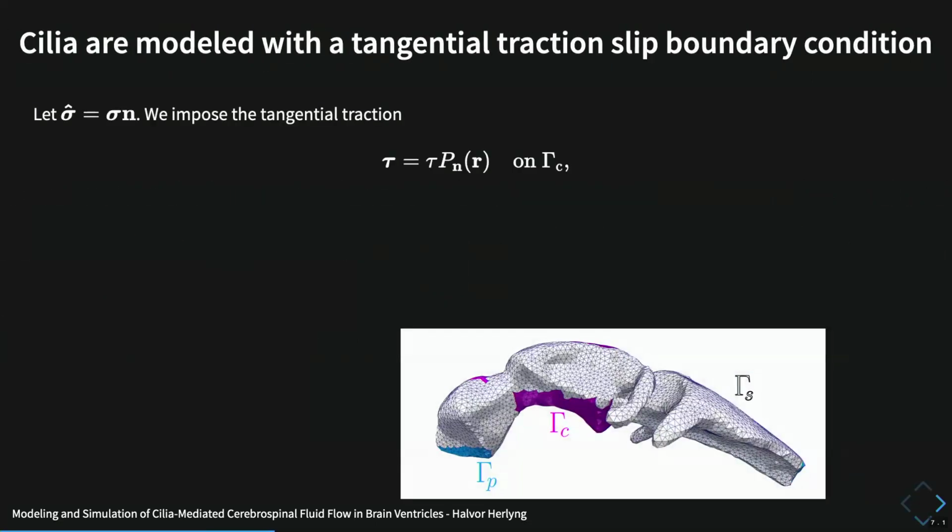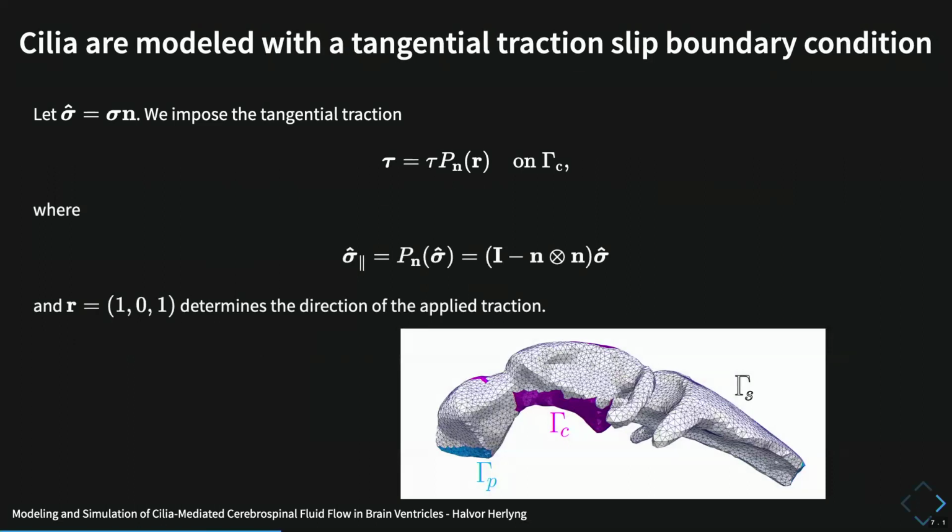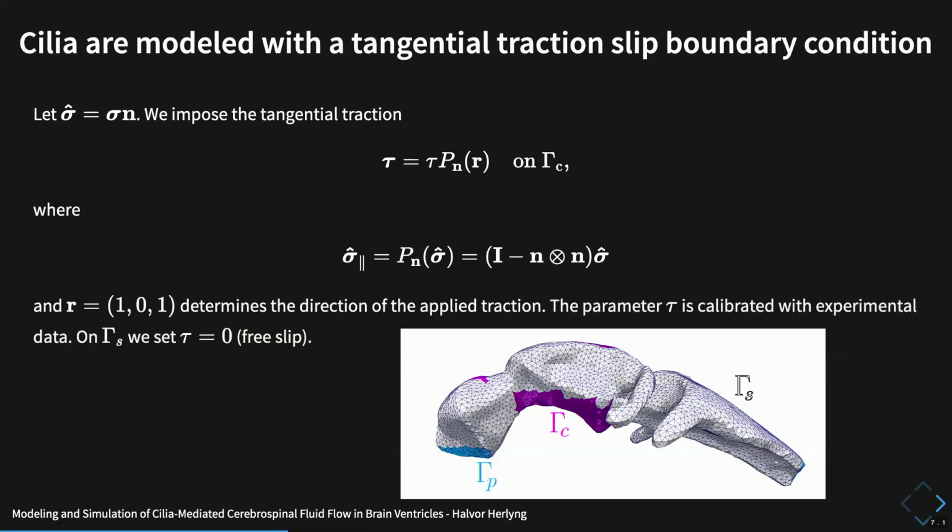So to model the cilia, we have marked certain regions of the mesh where they see cilia on the surface geometries. And on these parts of the boundary, we apply a tangential traction to simulate the force of the cilia dragging along the fluid. On the rest of the boundary, we just let the fluid slip freely.